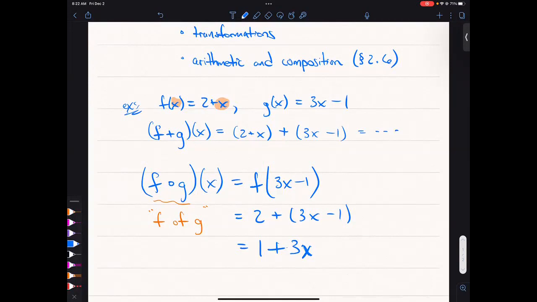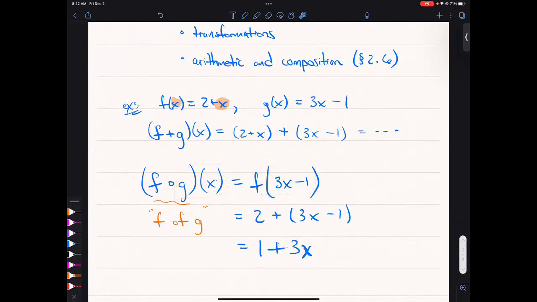Why is what? Which one? This one? Wait, sorry. This one? So this is composition, right? You read that as f of g, which means take g, which is this, and plug it into f.